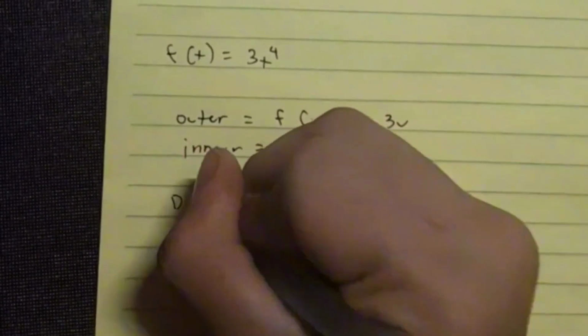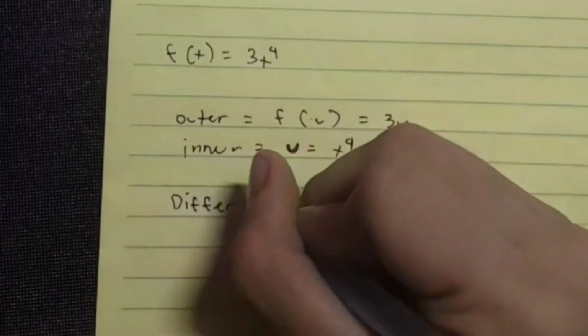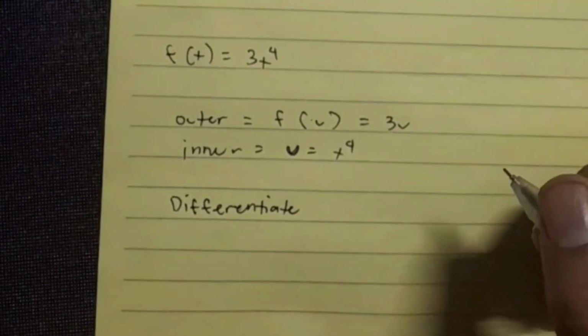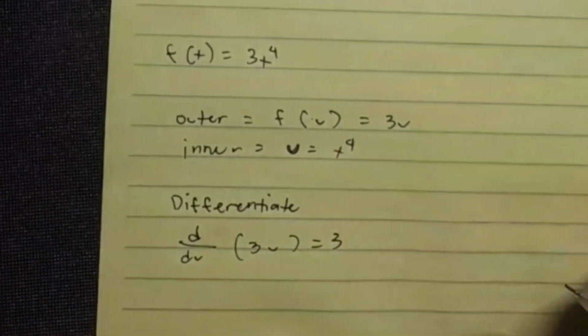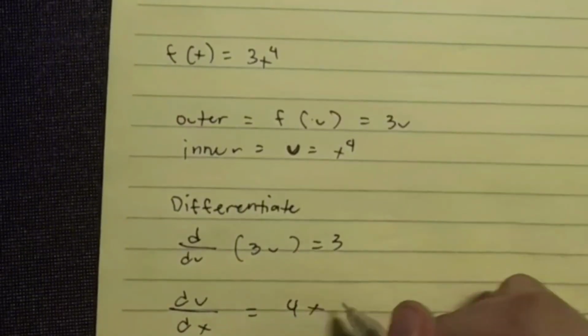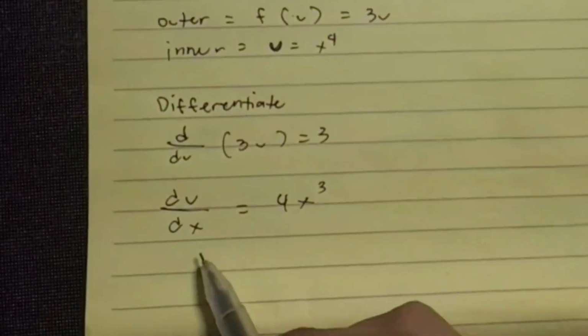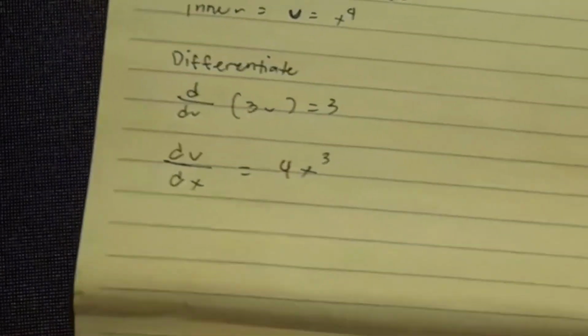Then, sunod, i-differentiate natin. Ilalagay na natin yung d over du, then 3u equals 3. Then, du over dx equals 4x raised to 3.